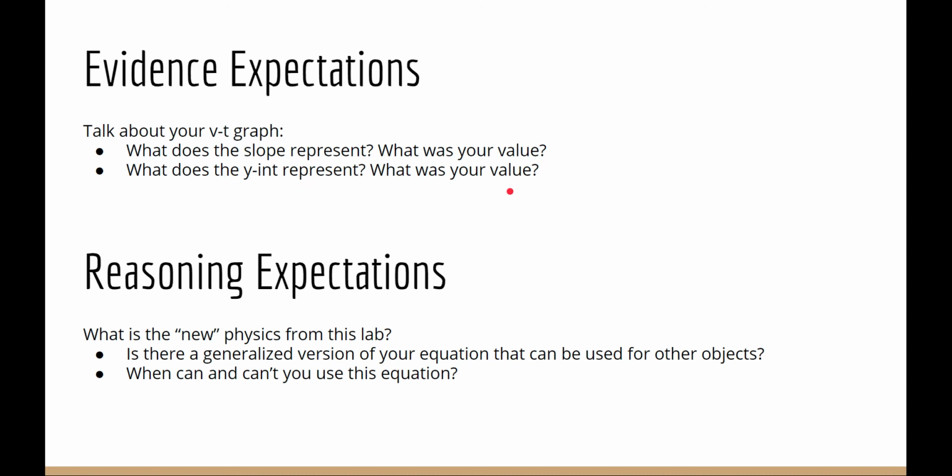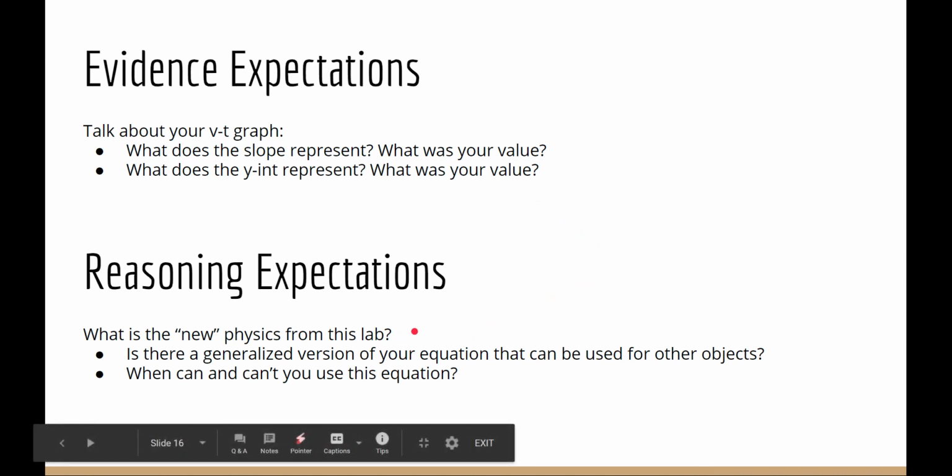And lastly, the last section is reasoning. In the reasoning, we basically just want you to say, what is the new physics from this lab? I just talked through all of it, so you can go back and you're basically restating things from this video. In general, we want to say, is there a generalized version of your equation that can be used for other objects?